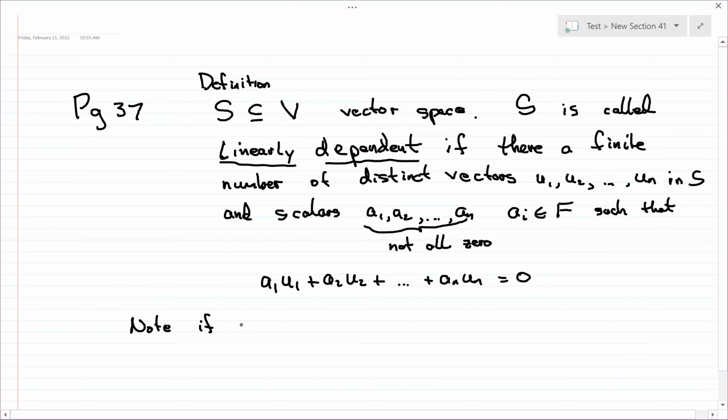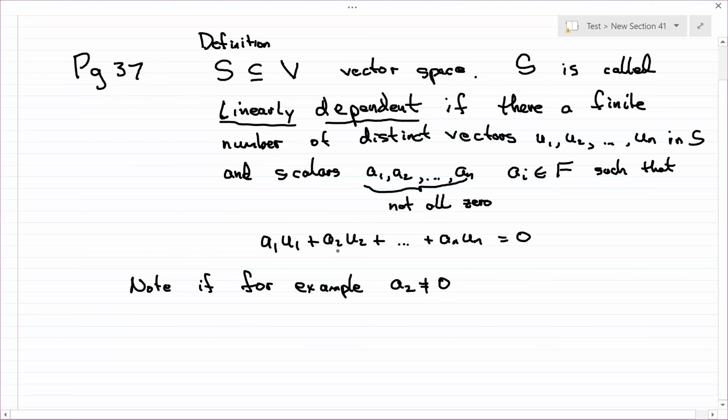If, for example, A2 was the coefficient that was not 0. Now be careful. This is the 0 number in the field. This is the 0 vector. So there's always that confusion here. But suppose A2 is not 0, then what can you do?